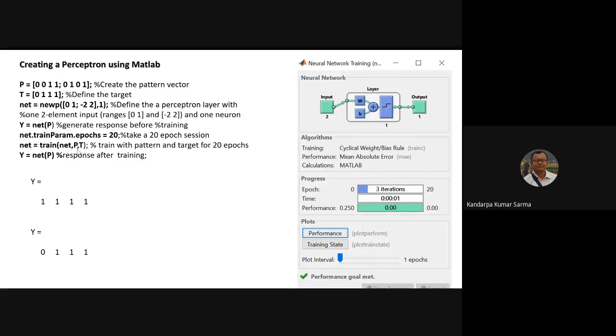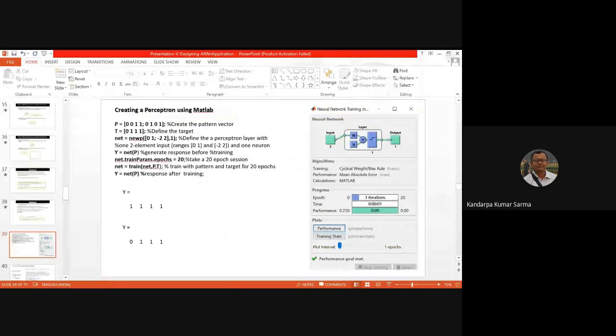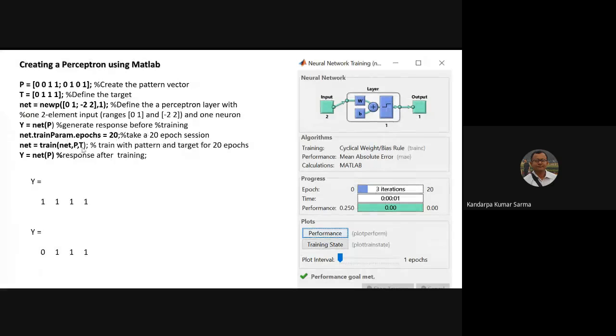So net = train(net, p, t). Since p here is the pattern and t is the target, both will take part in training for 20 cycles.